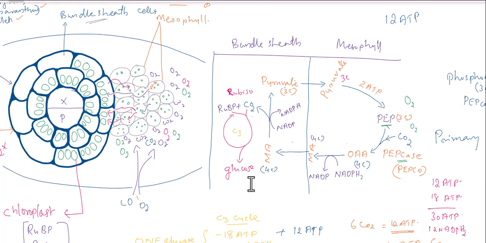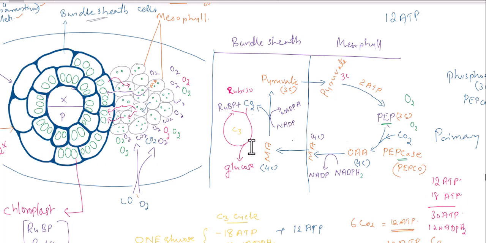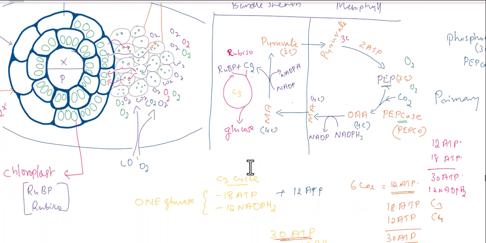But what is the disadvantage for this cycle to operate? This is the actual part of the Hatch-Slack cycle, right? To operate this much reaction, 2 ATP need to be spent for one cycle. We know that through the Calvin cycle plants need 18 ATP and 12 NADPH to produce one glucose molecule.